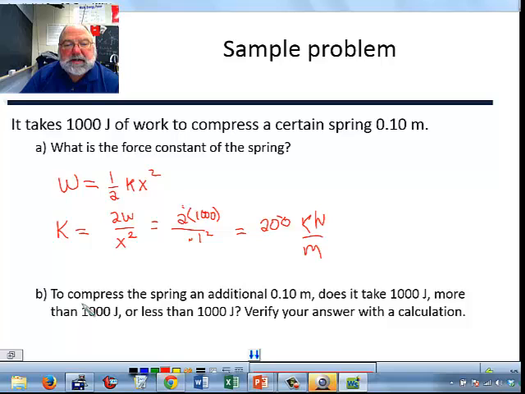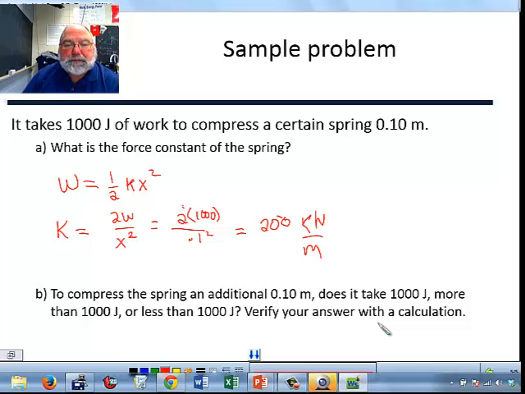Okay, pressing on here. To compress the spring an additional 0.1 meters, does it take more than 1,000 joules more, or less than 1,000 joules more? Verify your answer with a calculation.